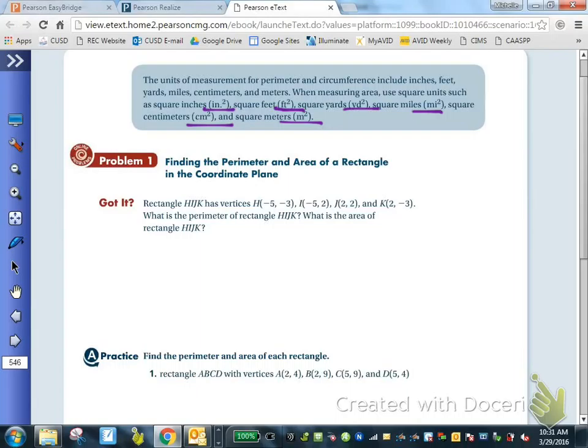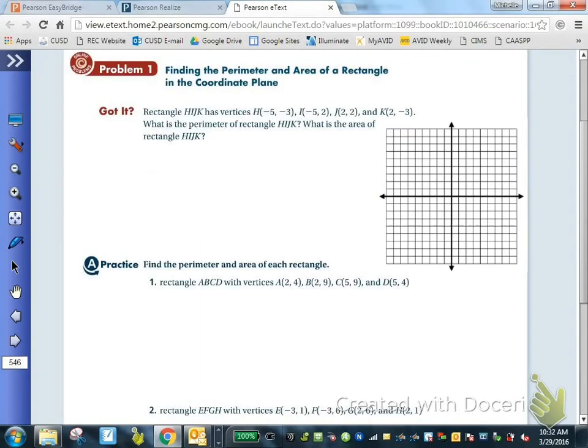Okay, so let's do the first one. So problem number 1. They tell us that we have a rectangle HIJK, and they give us the vertices. H is at -5, -3. So let's graph that. So right here, H. I, -5, +2.